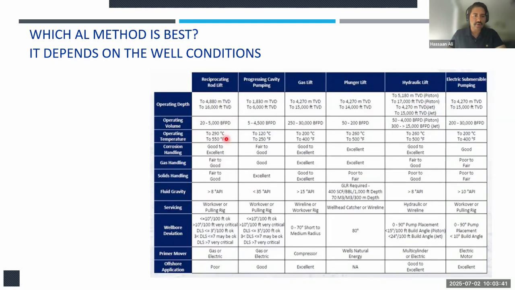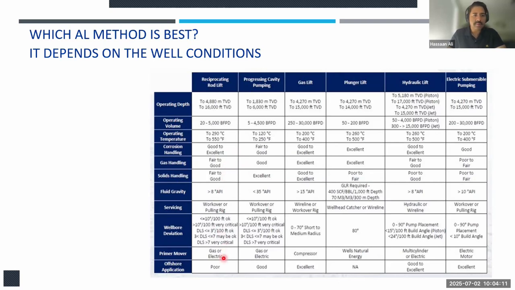It's really good for corrosion handling. The operating volume is all the way from 20 barrels of fluid per day to 5,000 barrels of fluid per day. Temperatures go all the way to 290 degrees centigrade, based on the metallurgy of the equipment that you select. But it's not really good for high solid handling. It's very fair for gas handling.